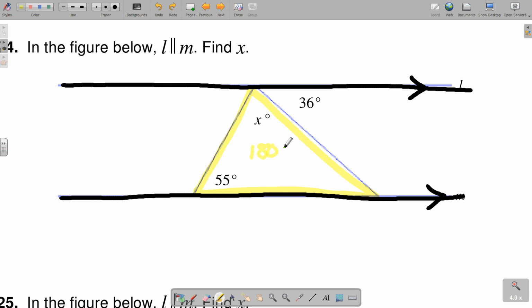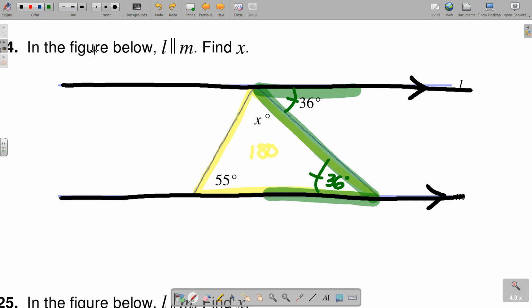Because we have parallel lines, you also want to watch out for armpits of the Z, alternate interior angles, which in this case, this is 36 degrees. This is 36 degrees.